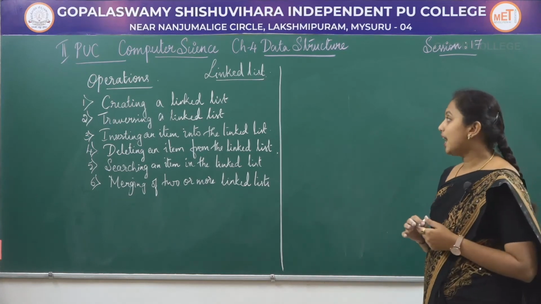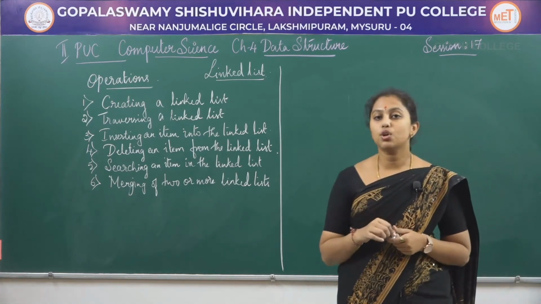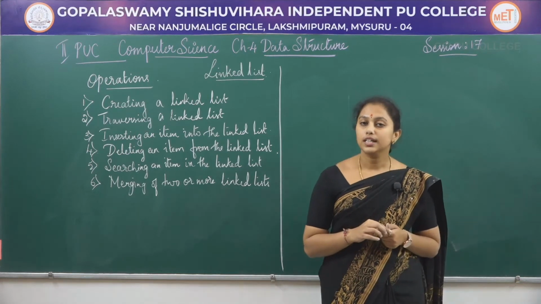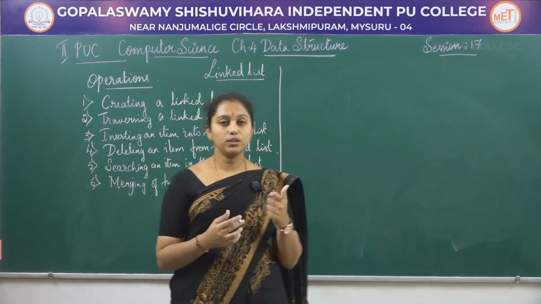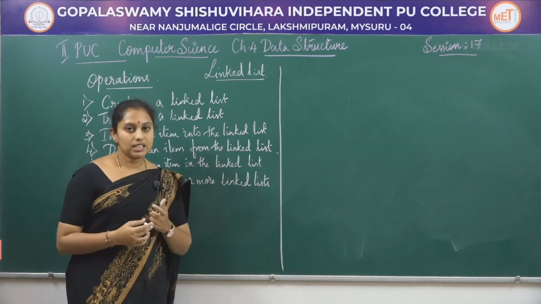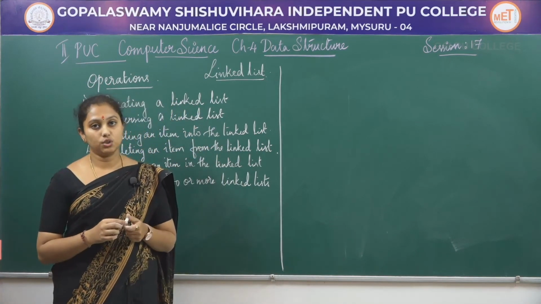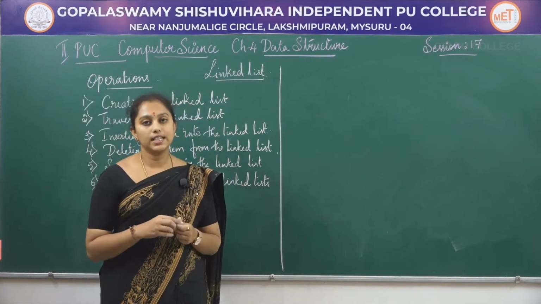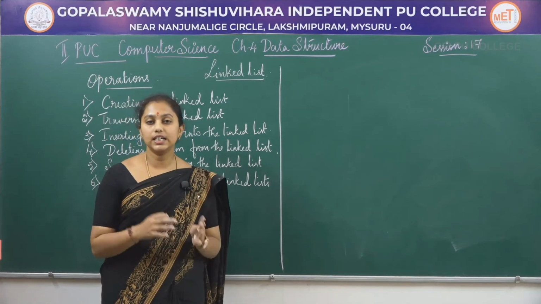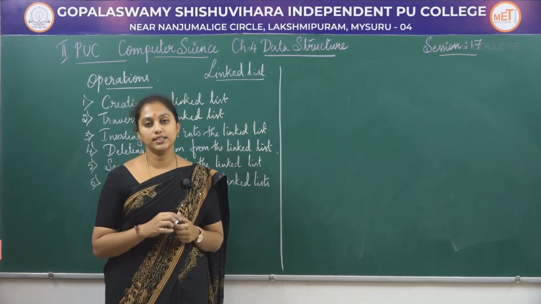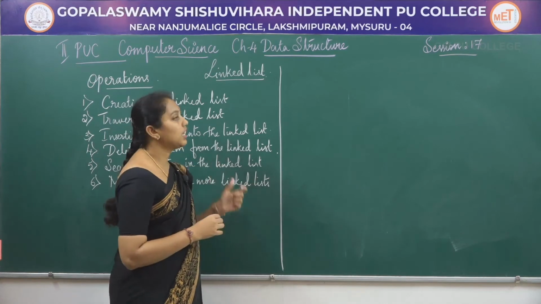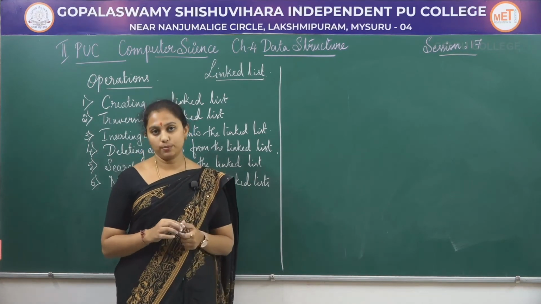The start pointer contains the address of the first node in the linked list. Why do we call a linked list a linear data structure? Because the nodes in the linked list are linearly arranged.